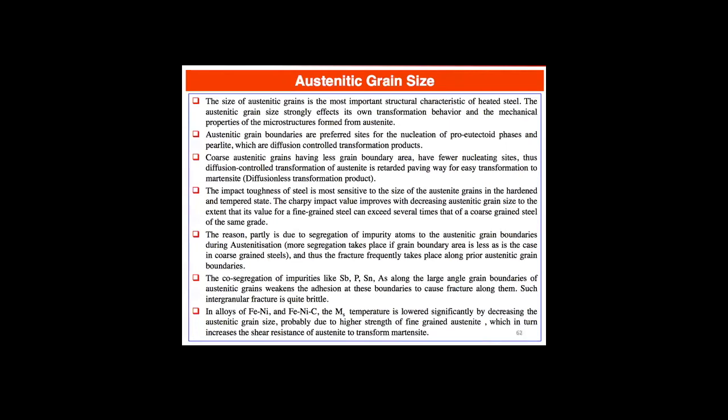What else? We also talked about how impact toughness is exceptionally dependent on your prior austenite grain size, right? We have impurities that are going to segregate to the grain boundaries, which can potentially weaken it, right?